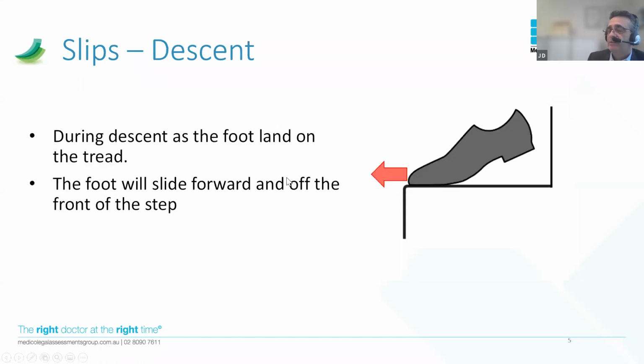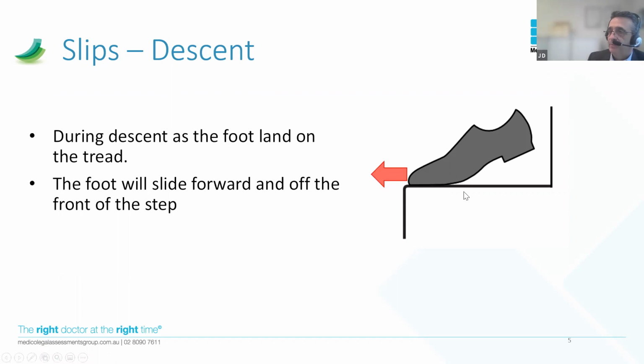With respect to slips during descent, that occurs when the foot lands on the tread and a weight transfer occurs. As you place your foot down on the step, you are relying on the grip between your shoe and the step to hold your weight.